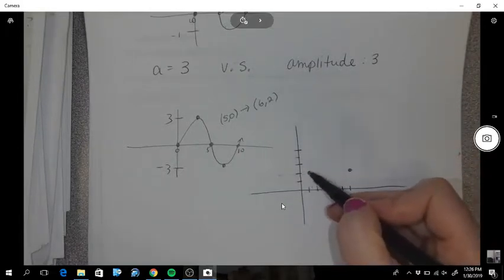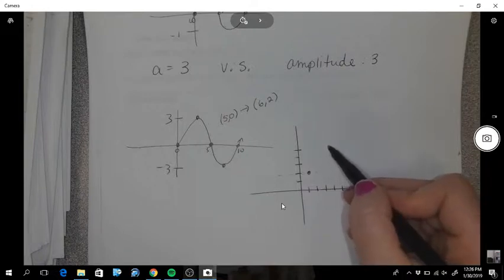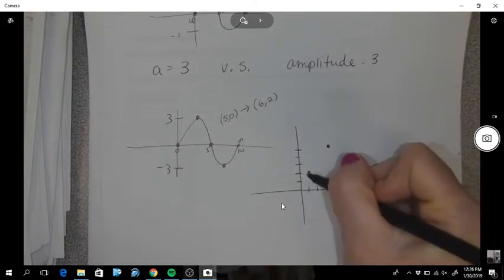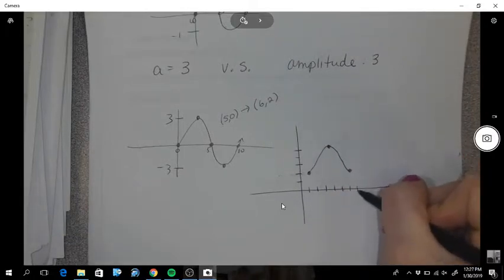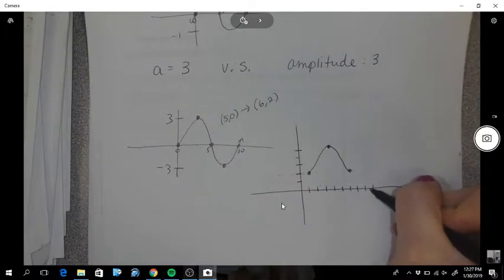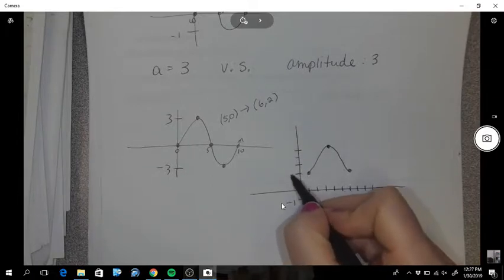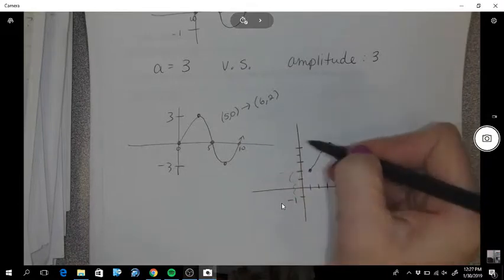And since these are 5 apart, I'm going to go 2.5 to get up to my max. And then I'm going to go 2.5 to get my minimum, which is -1, because obviously this has to be a distance of 3 away from the center line and 3 away from the center line.